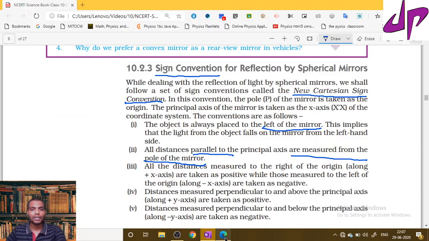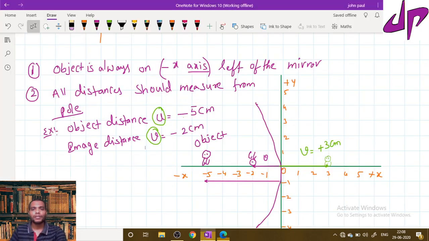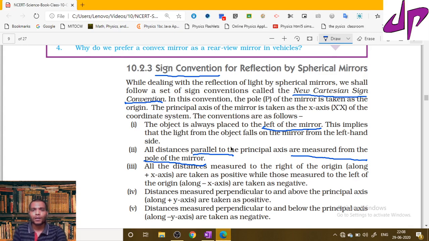Now see the third rule. All distances measured on the right of the origin along the positive x-axis are taken as positive. It means if you are measuring distances along the positive x-axis, you should take all those values as positive.